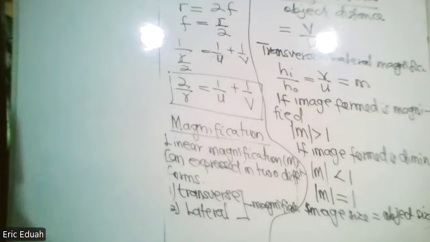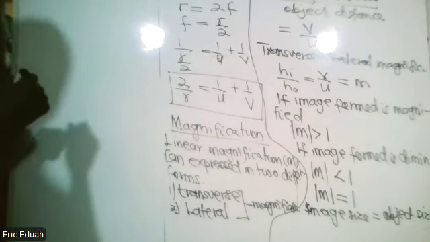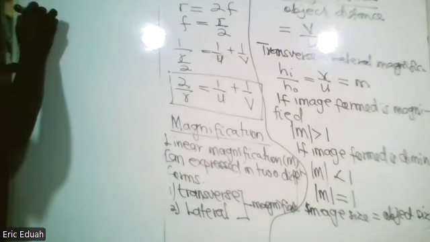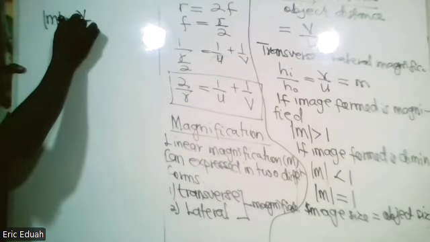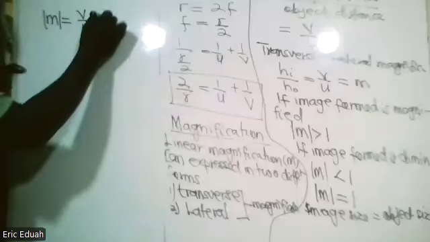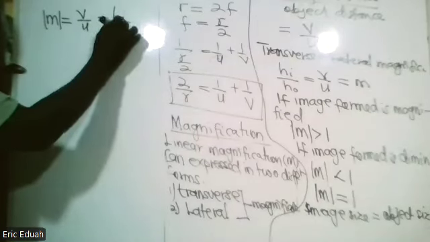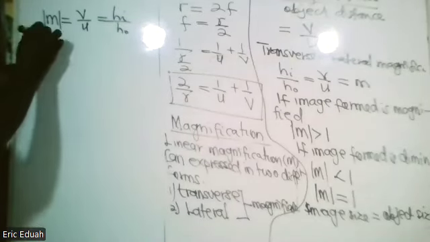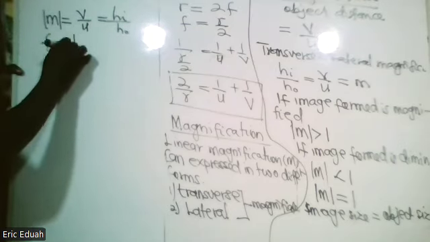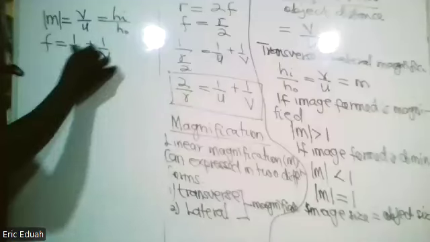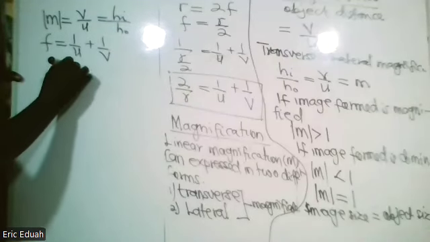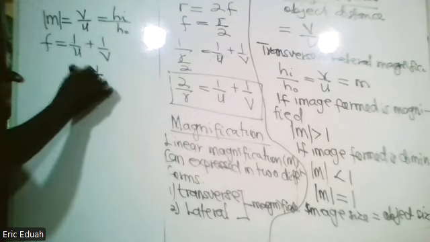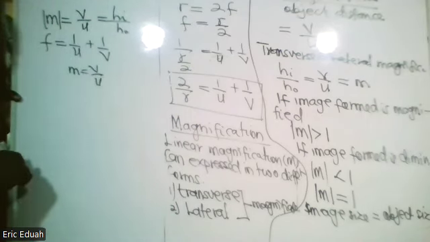So if magnification M is equal to v over u, and 1 over f is equal to 1 over u plus 1 over v, we want to substitute M being equal to v on u into this equation.